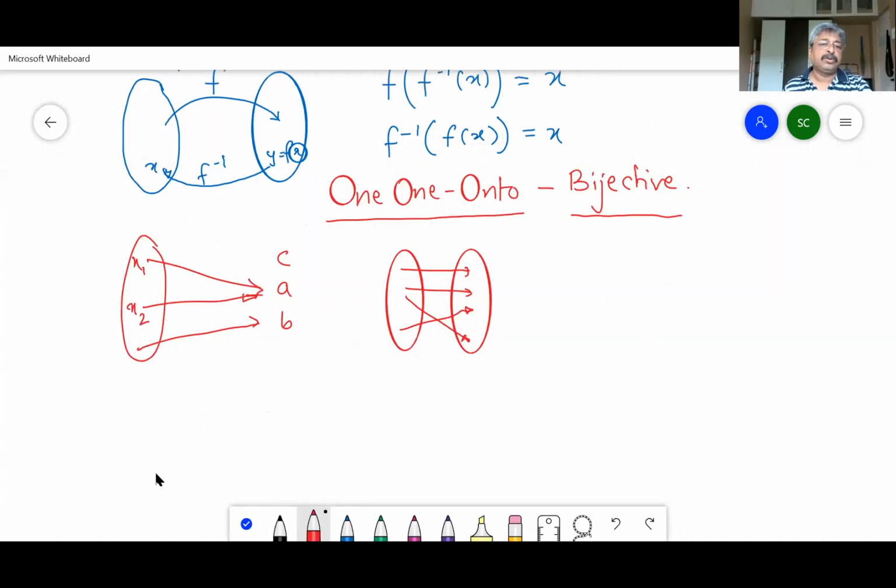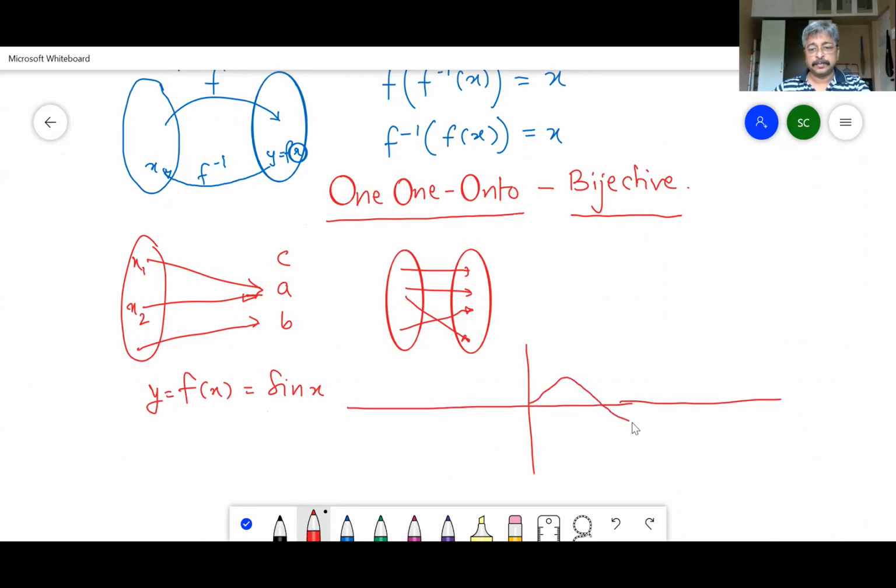Now if we are going to discuss trigonometric functions, let us say f of x is sine x, y is equal to sine x. We know the graph of sine x is like this, and every real number is part of the domain and produces some value. If you draw any horizontal line here, there will be a few more points here and here.